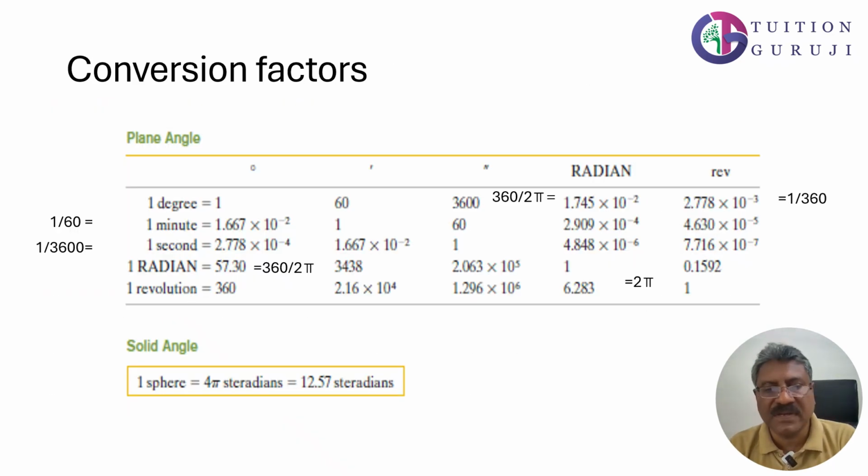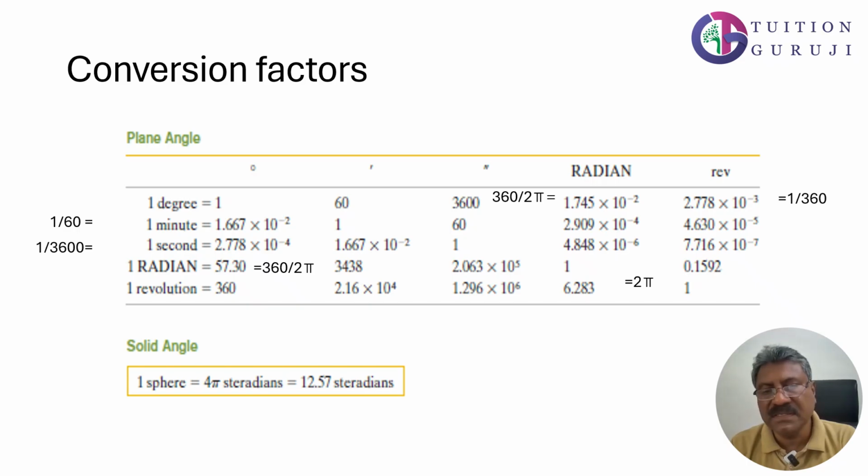So if you take the conversion factors, 1 degree is equal to 60 minutes, which is equal to 60 into 60 seconds, that is 3600 seconds, and that is 2 pi by 360 radians.